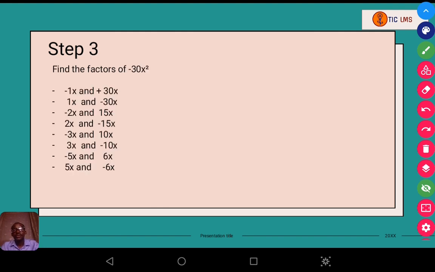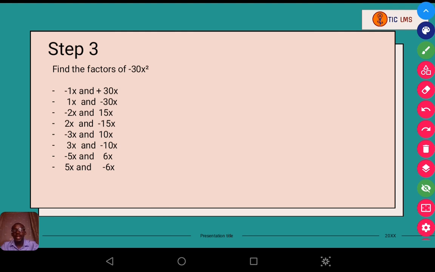Step 3, find the factors of negative 30x squared. So the negative 30x squared, which we got over there, we are going to find the factors. Now when we talk about factors, we mean what are the numbers that you multiply to get 30, for example.